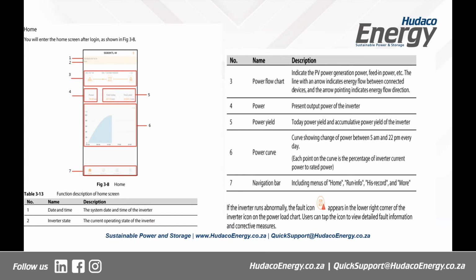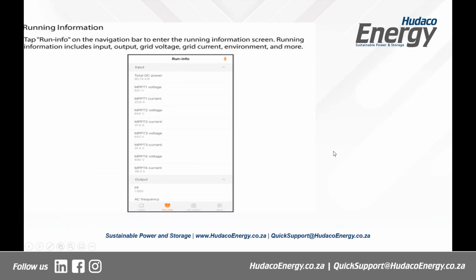Number 4, you see the present power being produced, and you also see the power yield and the power curve, the rising and falling of your power. And then lastly, you see the features, the home, running for the record, and more. So you can use those as parameters that you can see.